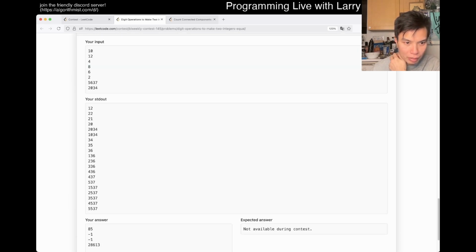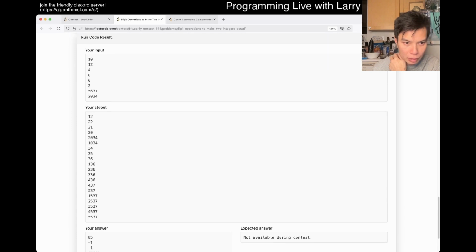That's why I forget. 2034. So we have to do 34, 35. All these probably are not prime. They're all even numbers. 437, is that a prime? I don't know. Okay, Google just tells me no because it's divisible by 19. I'm sure that these are not primes, but I like how if you search for it, it just tells you.